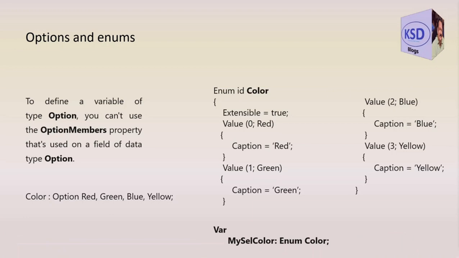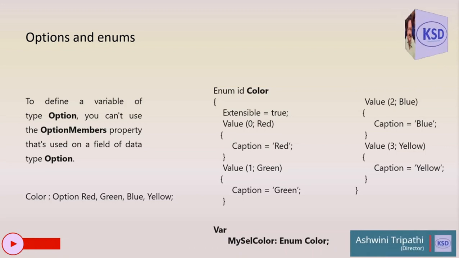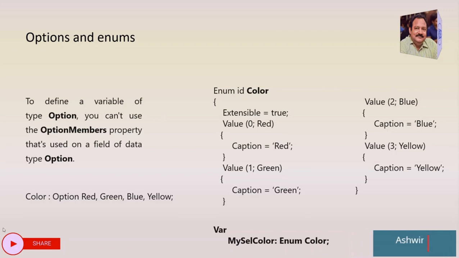So you need to list the available options as a comma separated list after your variable definition, like Color: Option, and the values are red, green, blue, yellow. This will define a variable Color of type option with values red, green, blue, and yellow.